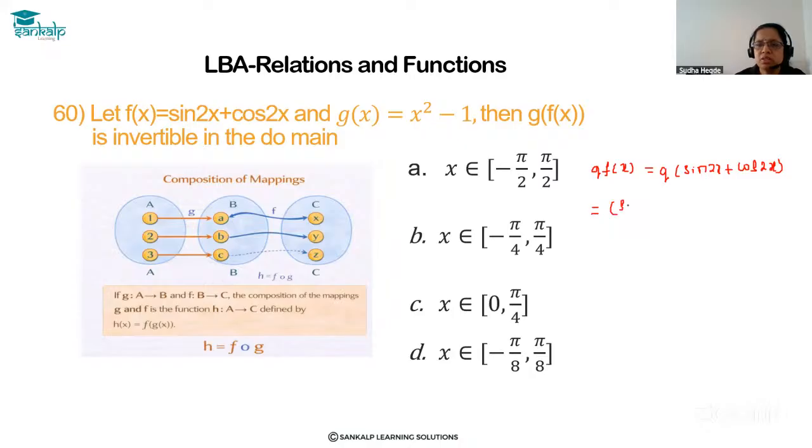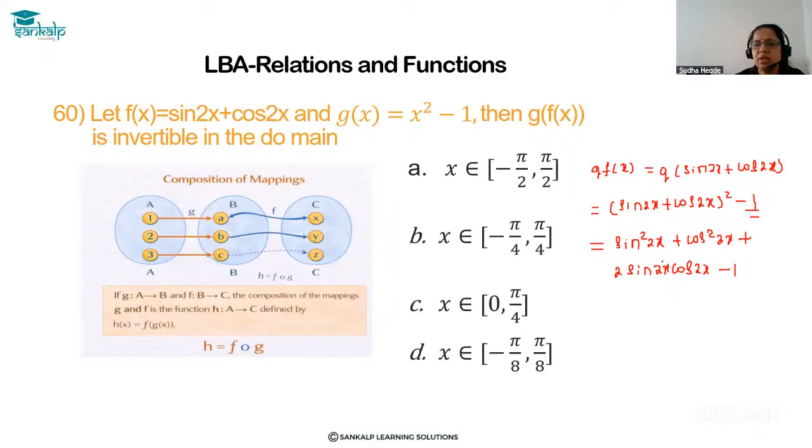So it is sine 2x plus cos 2x whole square minus 1. That is equal to sine square 2x plus cos square 2x plus 2 times sine 2x cos 2x. This minus 1 will be as it is.